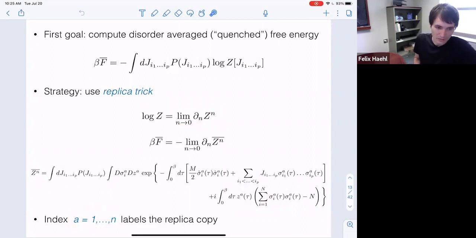Every spin and the Lagrange multiplier and all that now carry a replica index A, and we consider n copies of those.